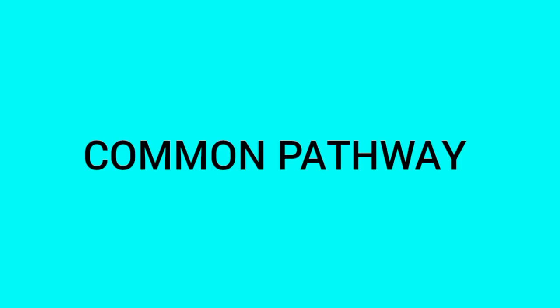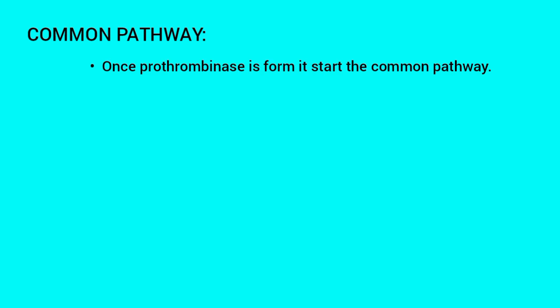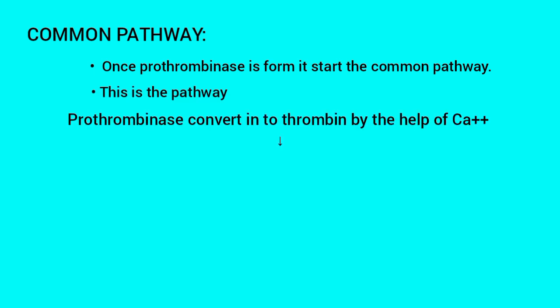Now let us see the common pathway. The common pathway is common for both the intrinsic and extrinsic pathways. Once prothrombinase is formed, it starts the common pathway. This is the pathway. Prothrombinase converts prothrombin into thrombin with the help of Ca++.